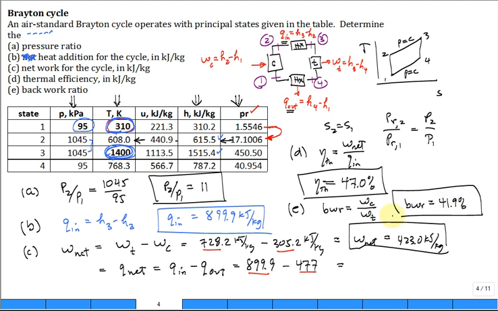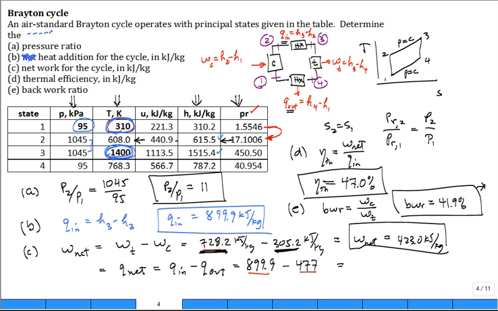Very large number. That back work ratio is the 305.2 divided by 728.2. So now this is the reason that gas turbine engines were developed much later in time than steam engines.